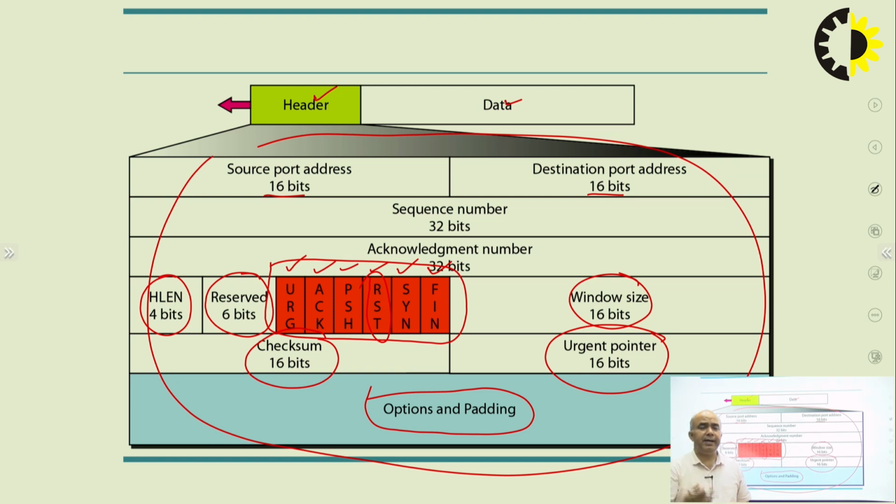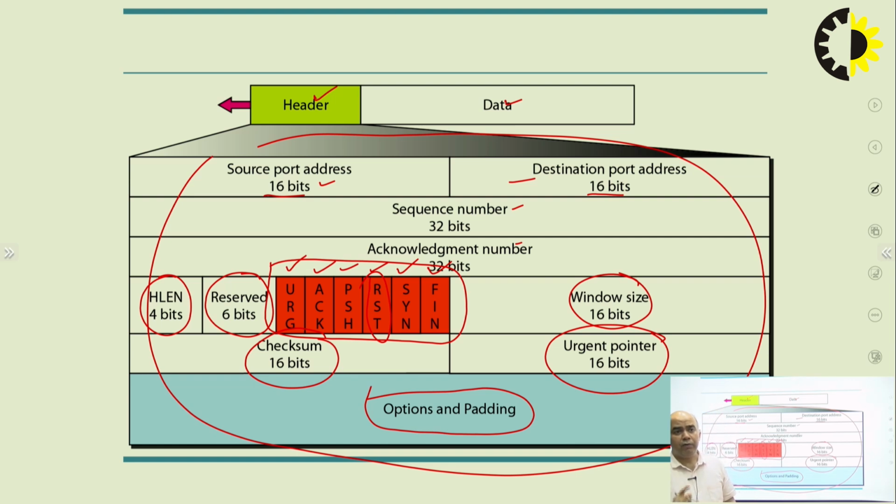In university exams, we generally get hexadecimal values given to us. Now, you have to divide those hexadecimal values and put them in these sections. In order to do that, you have to remember these header formats, which is very necessary.